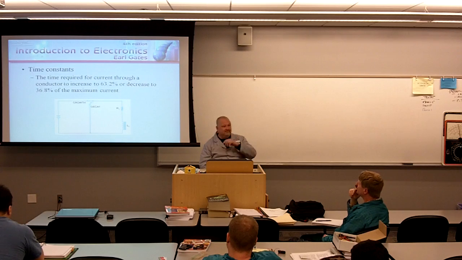It's a series circuit. I've got a switch that has 2 positions. One is called the growth mode and the other is the decay mode. So this switch I can toggle from either growth to decay. When it's in the growth mode, I have a simple series circuit, do I not?